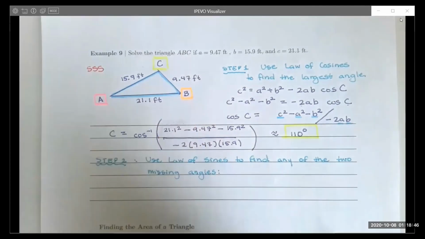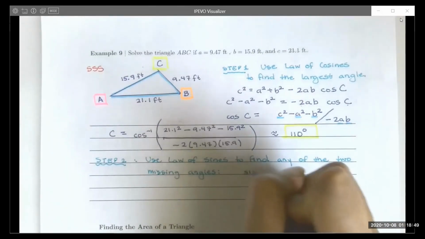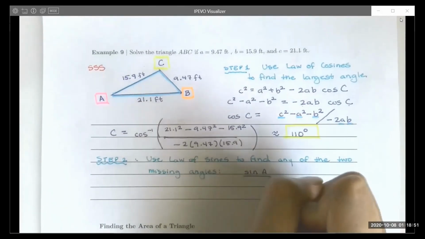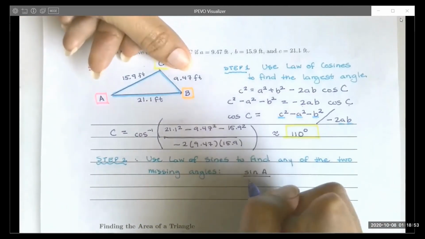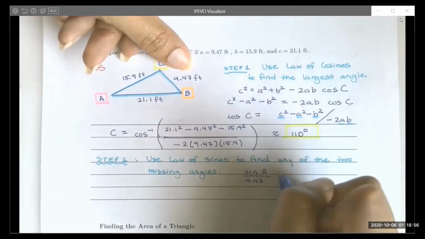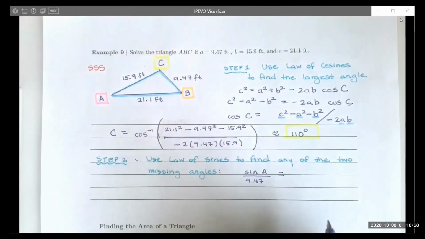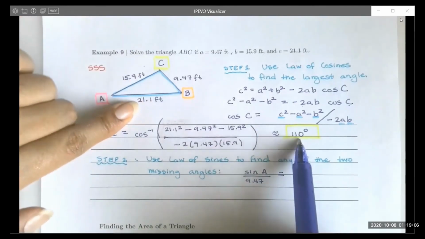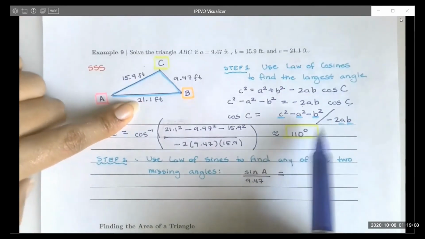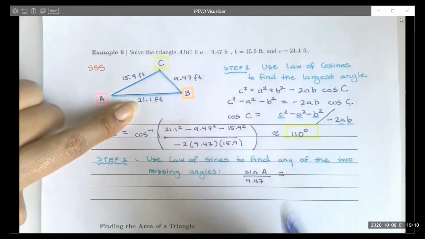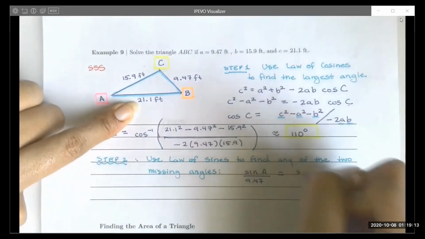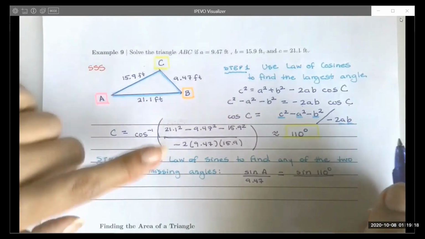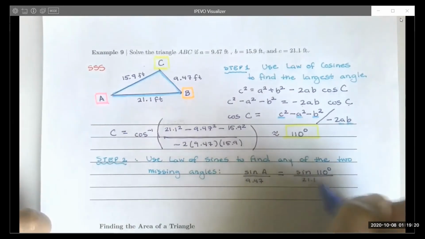So it doesn't matter which one you pick. I'll just start with A. I'll have sine of angle A over side A, which is 9.47, is equal to the only angle and side pair that I can use right now, which is angle C and side C, because that's the angle that I know. I don't know A and I don't know B. So I'm just going to use sine of angle C, which is 110, over side C, which is 21.1 feet.